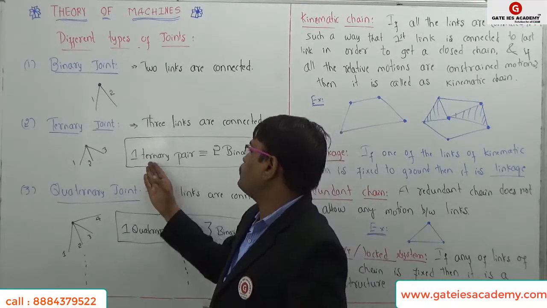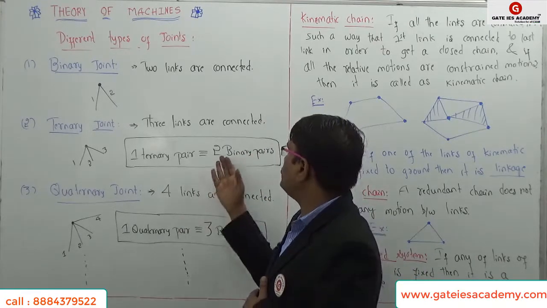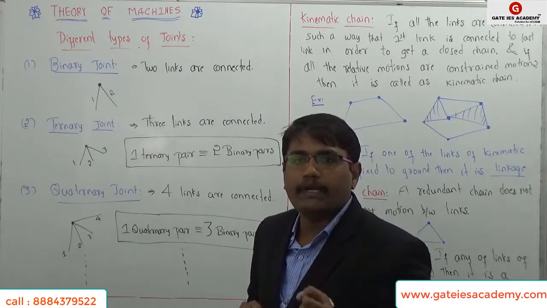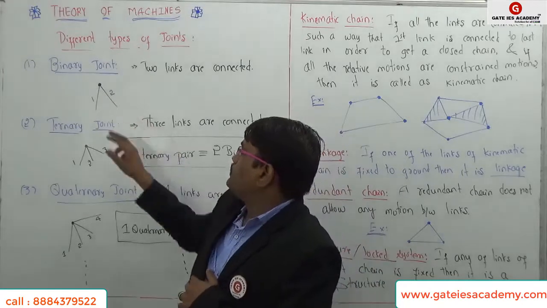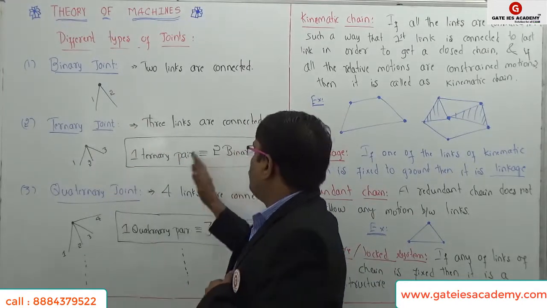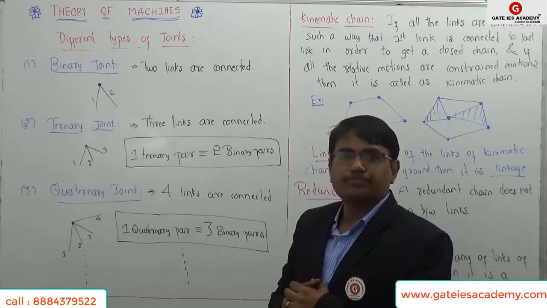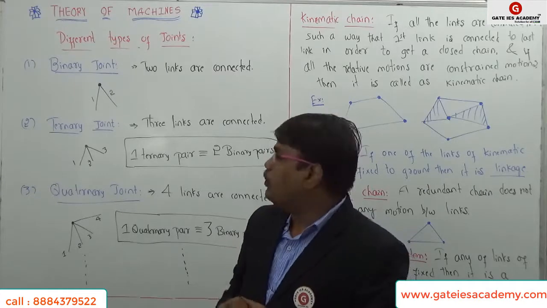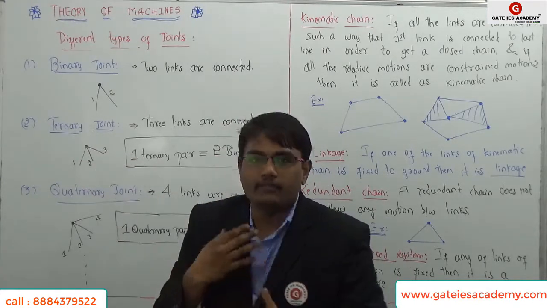Now here is a formula. One ternary joint or a ternary pair is nothing but it is also equal to two binary joints or binary pairs, right? See, why is one ternary pair equal to two binary pairs? Because this can be obtained only by joining two times.